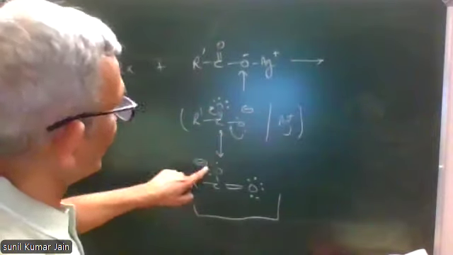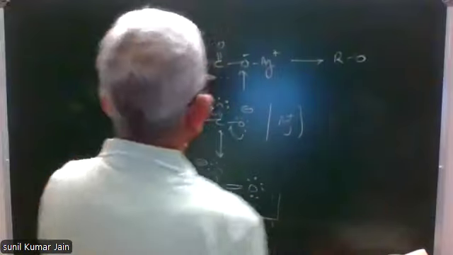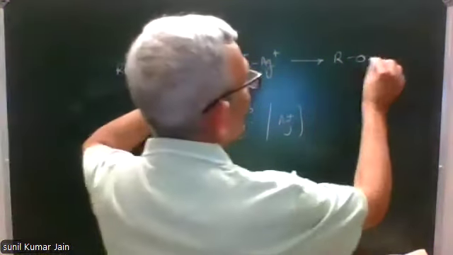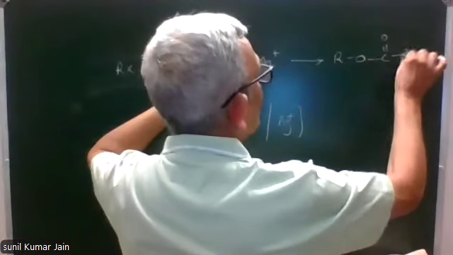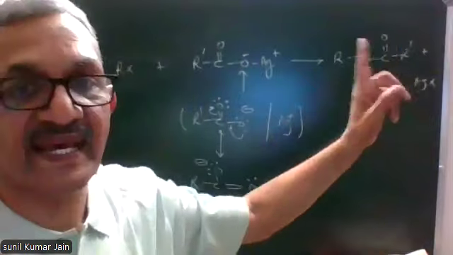This R will form a bond with negative oxygen. Product formed is an ester.